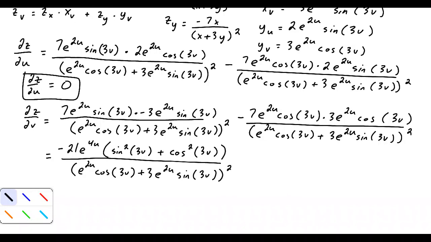Now we can factor out an e to the 4u because we have an e to the 2u squared in the denominator. We can factor that part out.